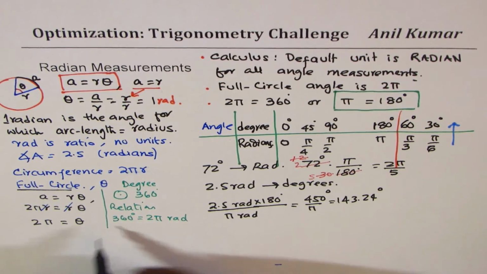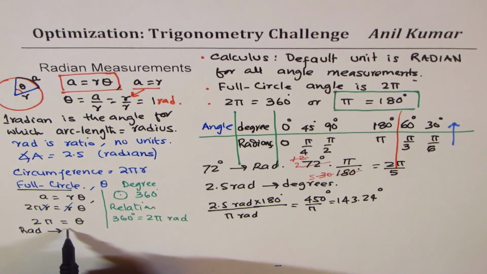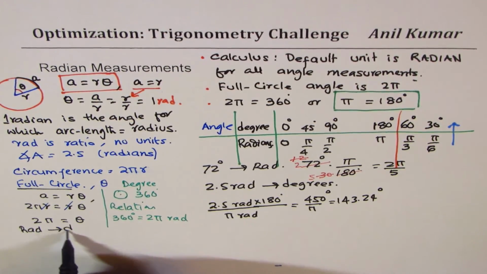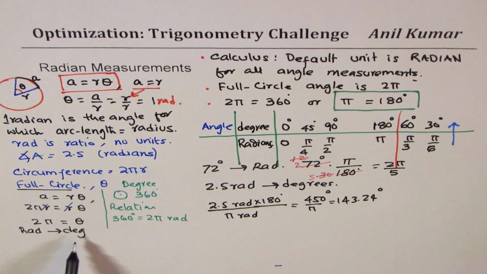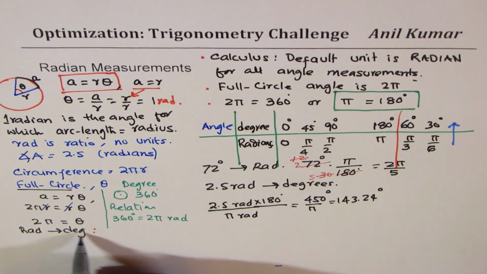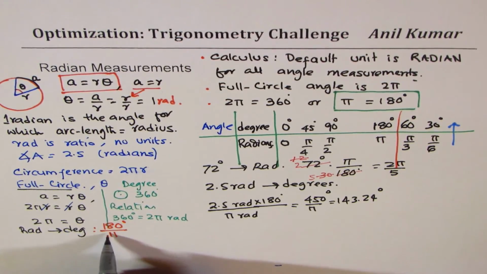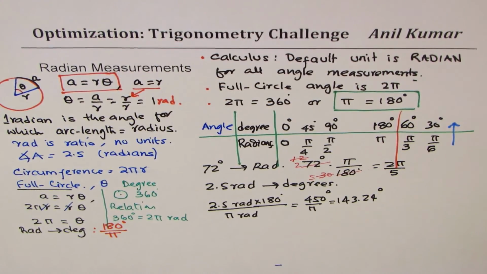Correct? So the easy way is, if you have to convert from radians to degrees, since you have to convert to degrees, the factor is degrees on the top, 180 degrees divided by pi. Do you see that? That is what you have to do to your radian value.